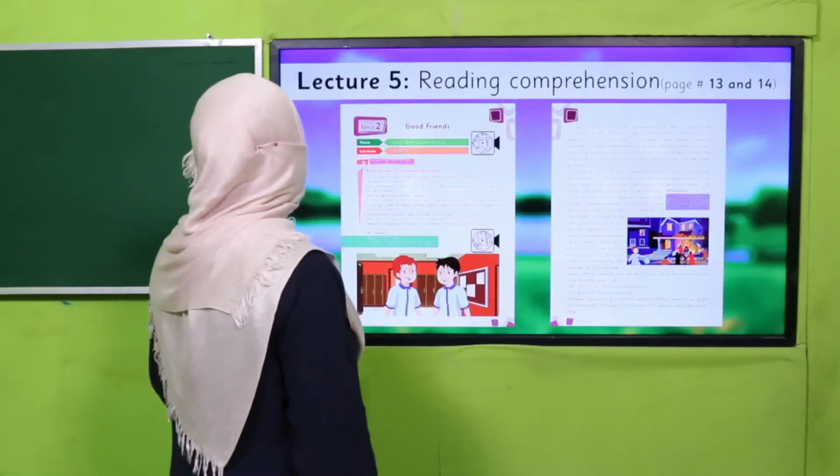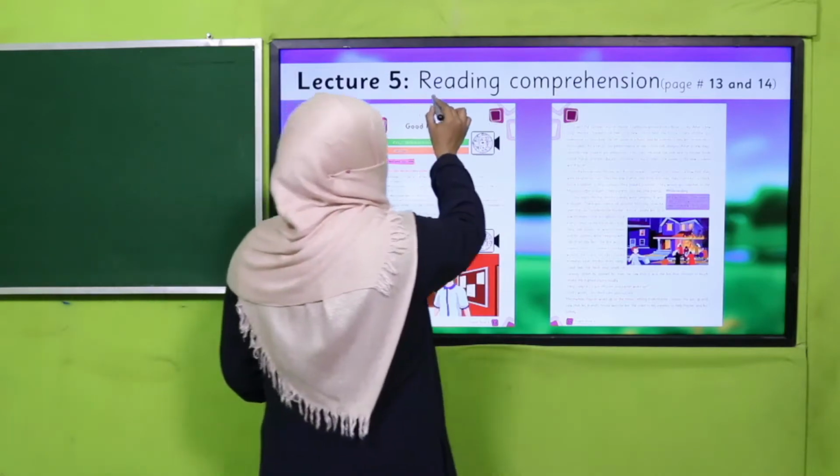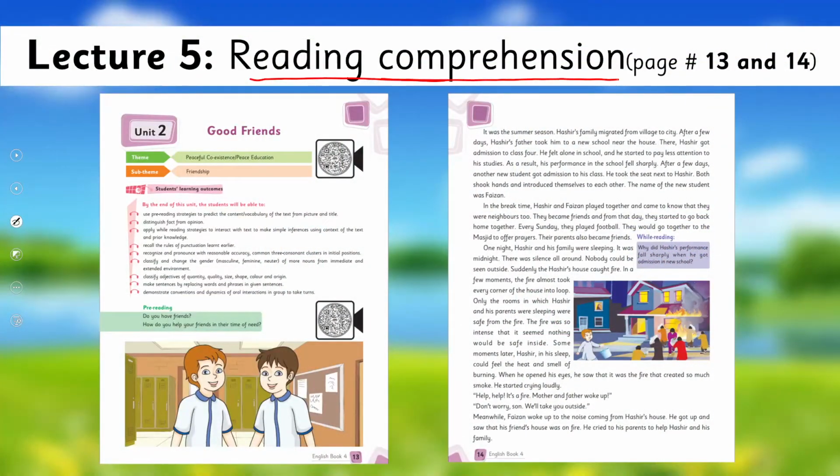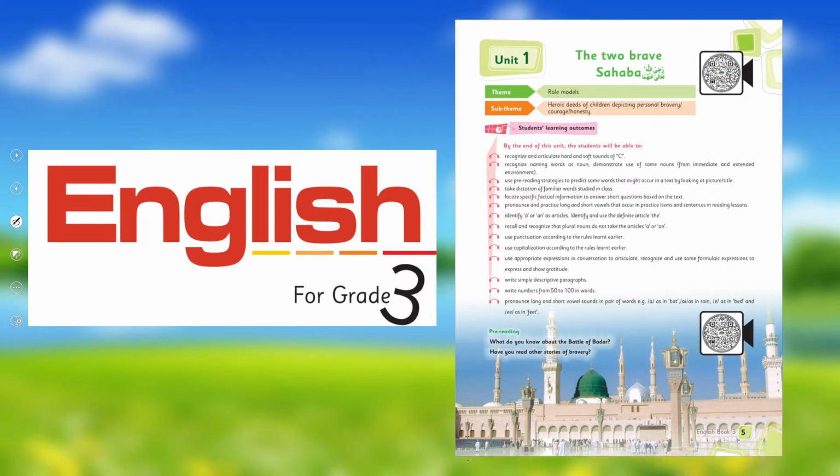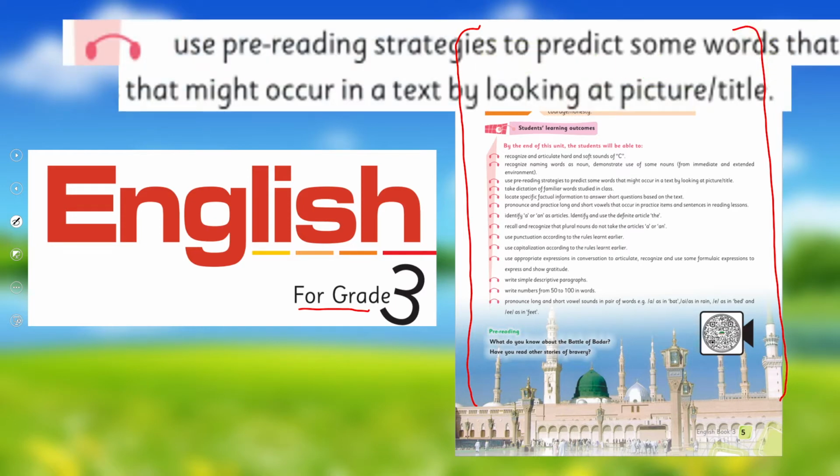Yes, my dear students, today we are going to read and answer a few questions from the lesson, and we'll cover page number 13 and 14 of your book. Before this, in English for grade 3, I have already taught you how to predict text by looking at pictures and title.